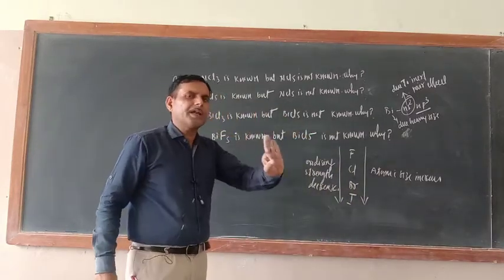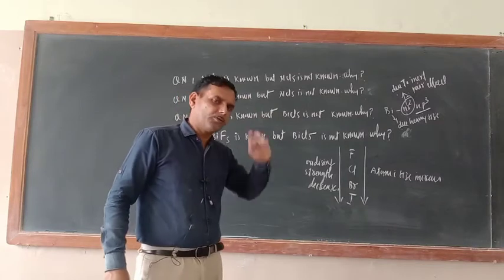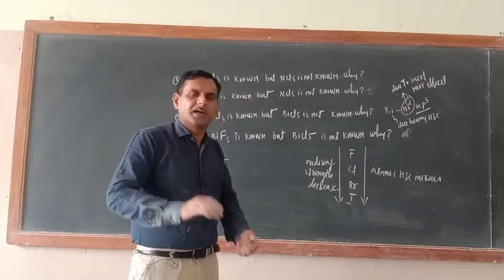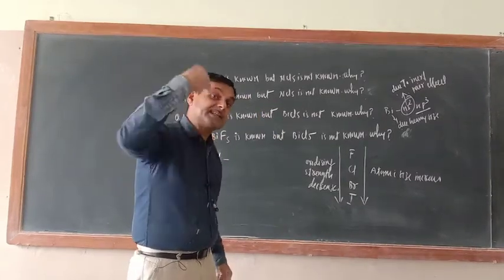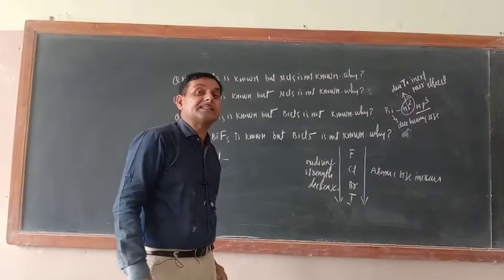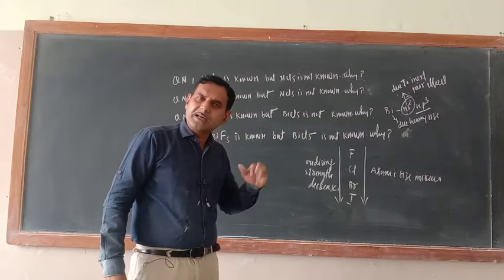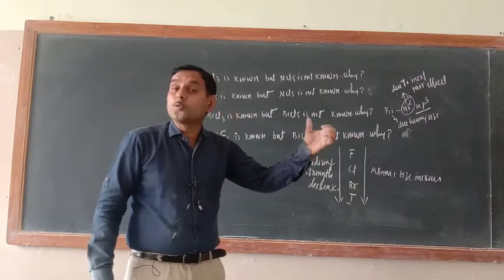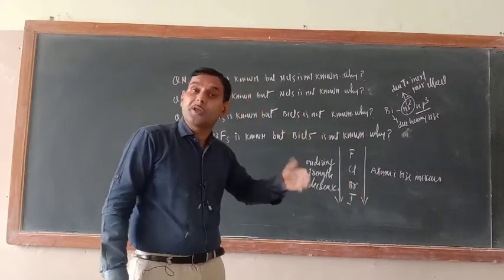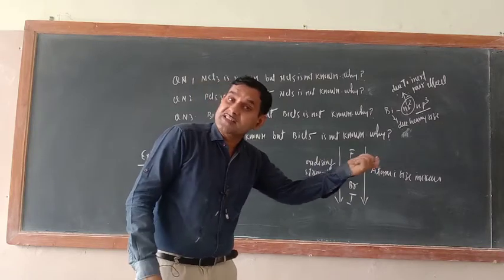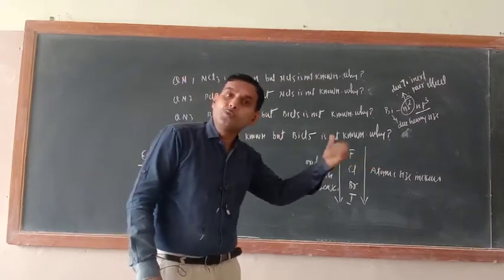Just see, fluorine is a strong oxidizing agent. What is the meaning of strong oxidizing agent? Which oxidizes other, that is oxidizing agent. And what is the meaning of oxidizing other? To force that atom to give me electron, to abstract the electron, to remove the electron.